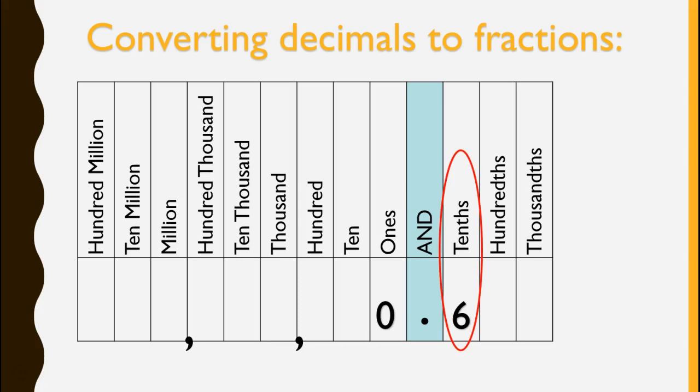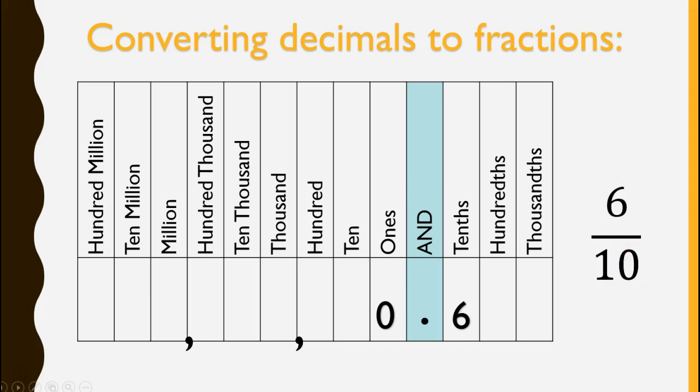That's going to be your denominator, 10. Then you're going to look at any number on this side of the decimal and put that on top. 6 tenths. Pretty awesome. Now you would simplify this because you could divide 2 out of the 6 and the 10 and you would end up with 3/5.